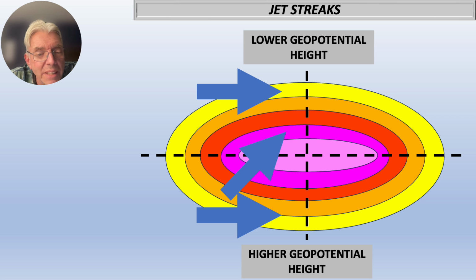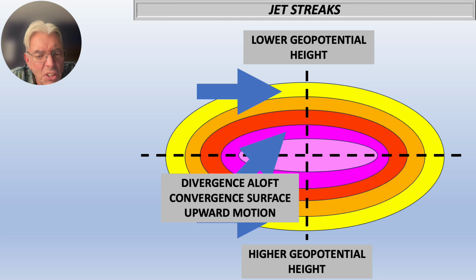And so what you end up with, and notice the position of the 2 bottom arrows there, the one in the middle and the one in the bottom, you end up getting divergence aloft, which leads to convergence in the low levels. And so the air is coming together, and then it goes up, and then it diverges at the top, okay? And then the opposite happens as the winds are leaving the jet streak.